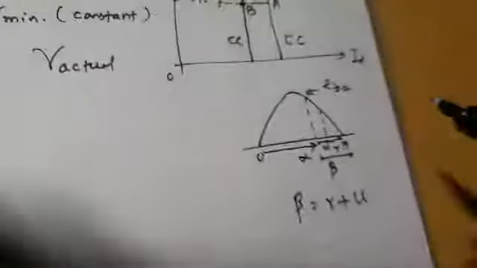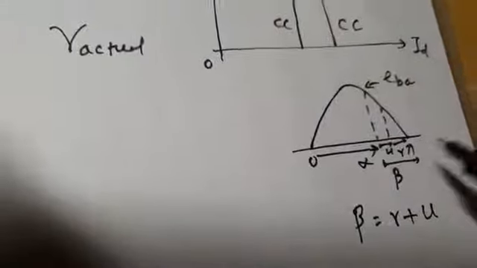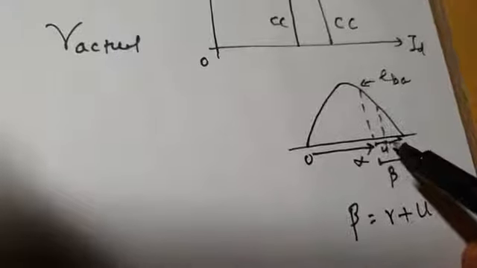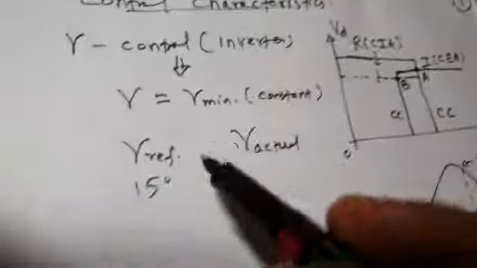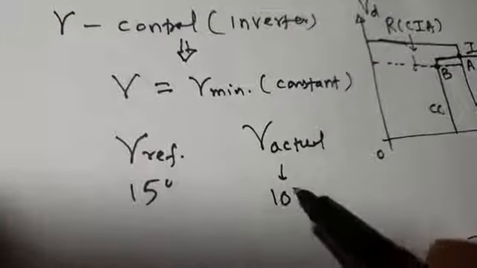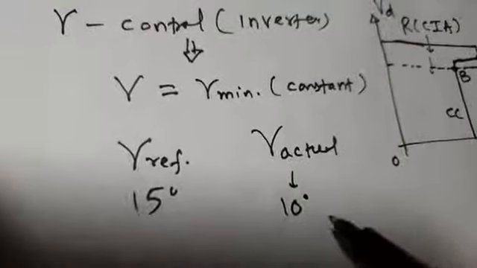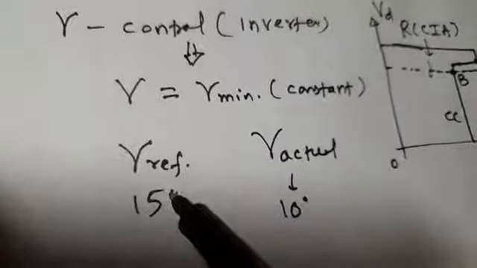Fine. Now, as soon as the inverter AC side voltage decreases, ID increases. Because of the increase in ID, mu increases, and because mu increases, gamma decreases. Let us suppose gamma becomes, say, 10 degrees only. So there are high chances of commutation failure because gamma is less than gamma ref, gamma min, 15 degrees.